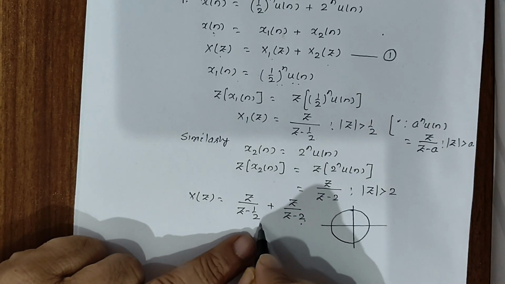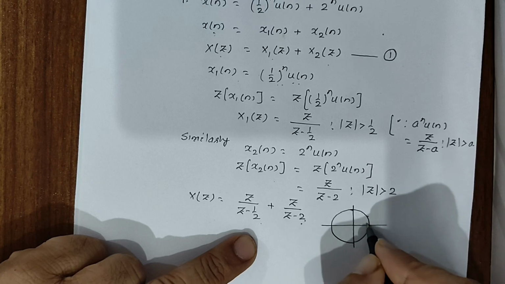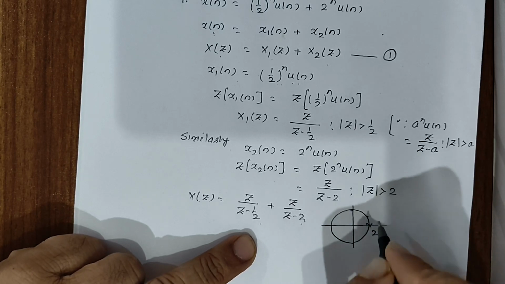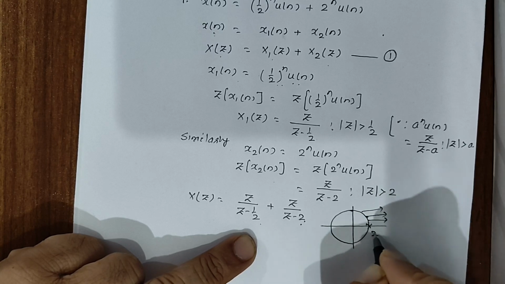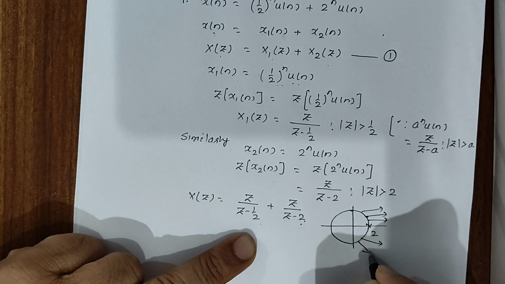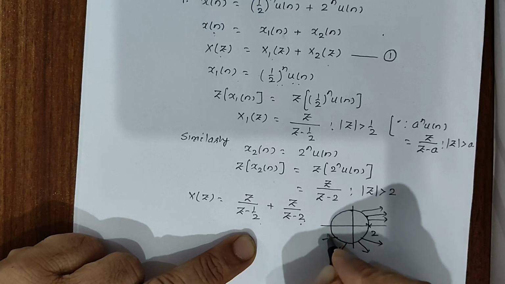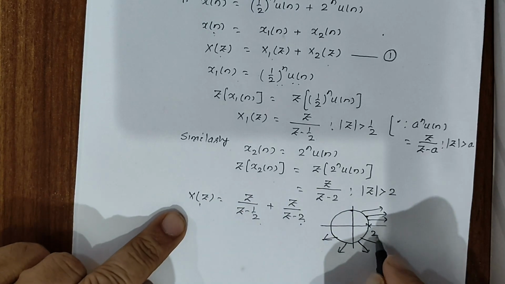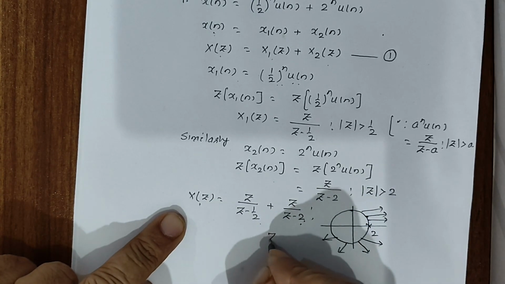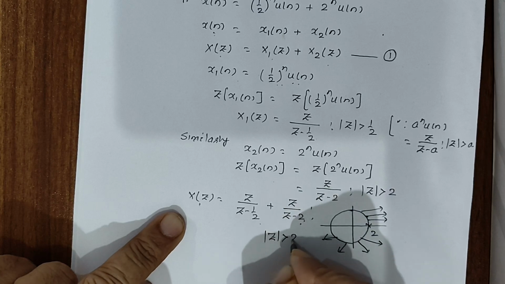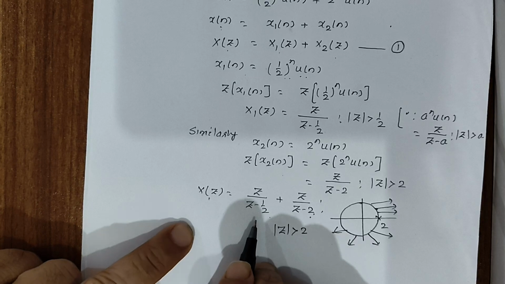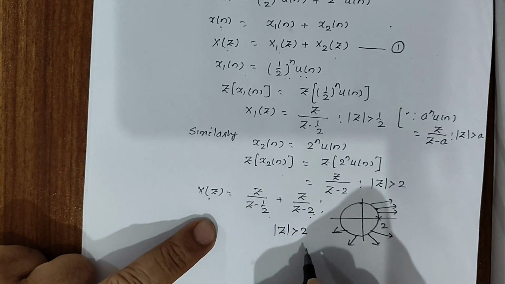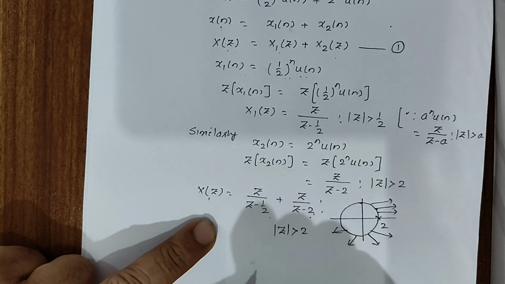So 2 is greater than 1/2. So ROC of X of z is mod of z greater than 2. Always, once the causal sequence is given, the ROC is the highest value from these two.